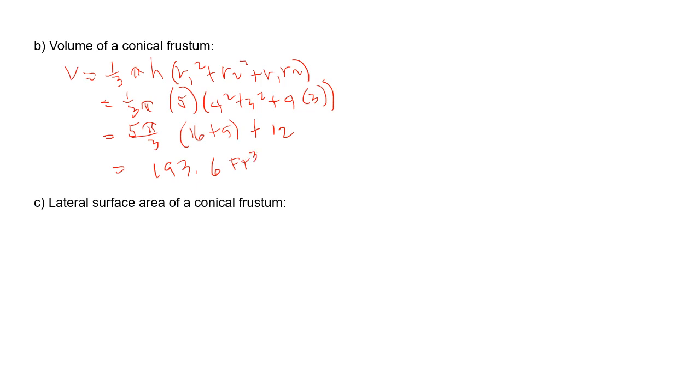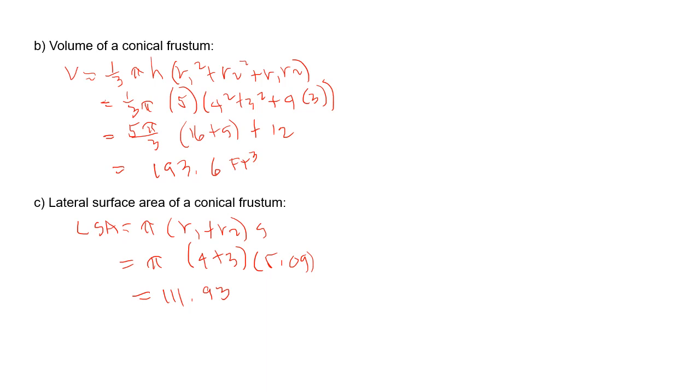Lateral surface area or LSA equals pi times (R1 plus R2) times S, equals pi times (4 plus 3) times 5.09, equals 111.93 feet squared.